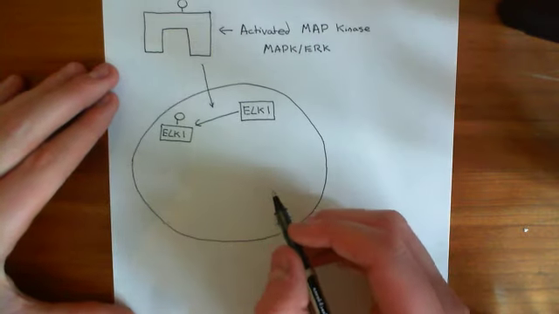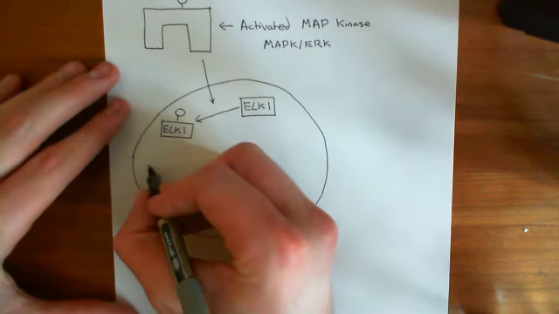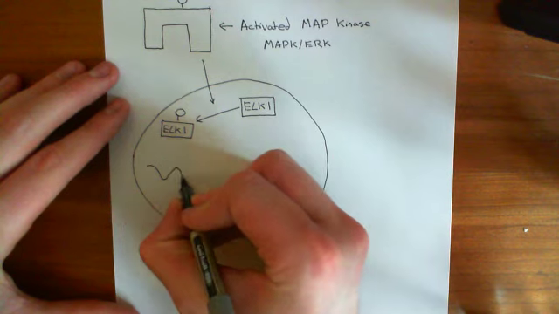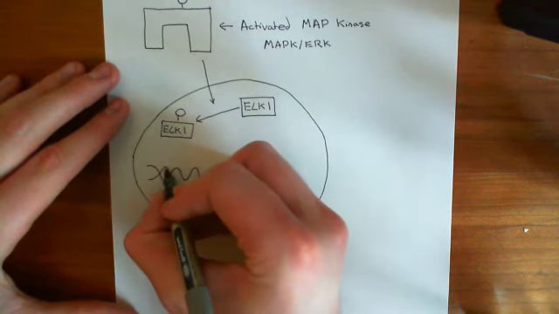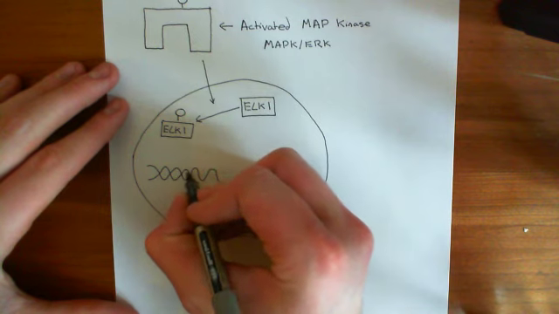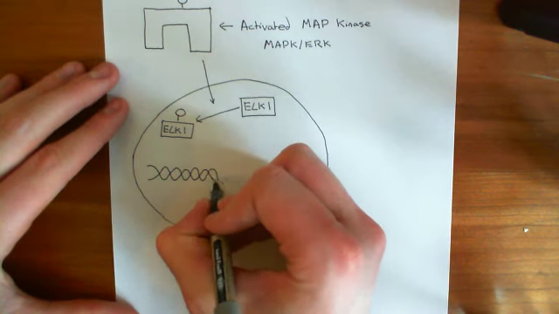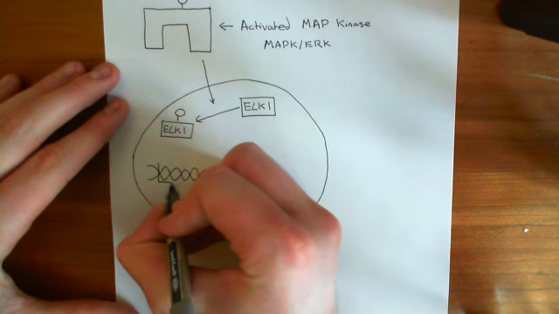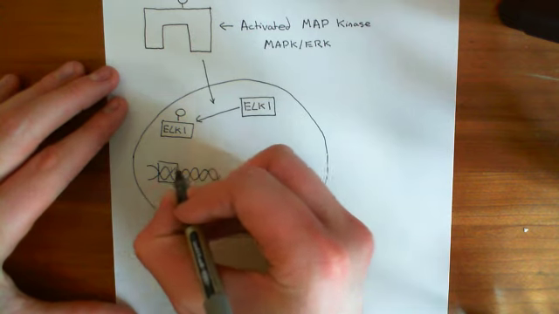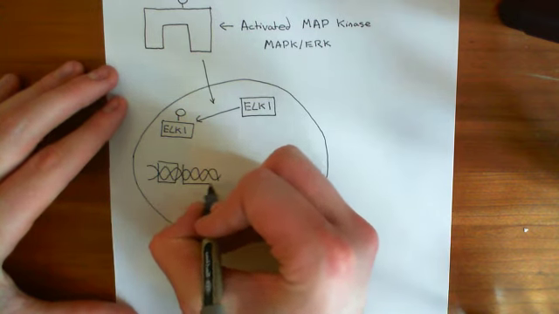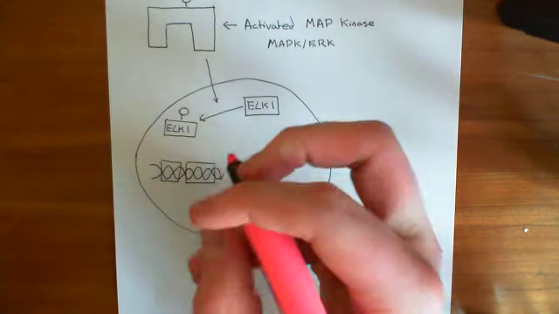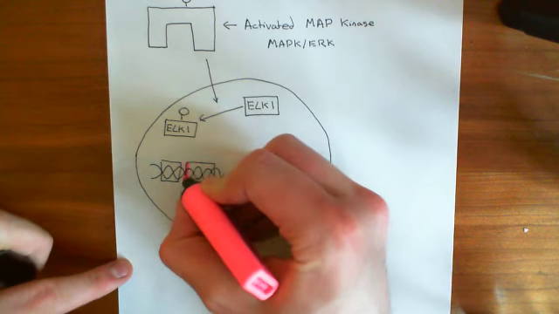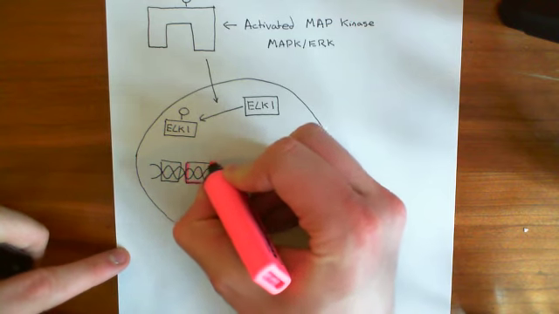So ELK1 is a transcription factor, so when it's activated, what it's going to go and do is bind to a certain portion of the DNA, basically at promoter regions of genes. So ELK1 is going to go and bind to a promoter region here, and it's going to activate the transcription of certain genes by increasing the affinity of the DNA for RNA polymerases, basically.